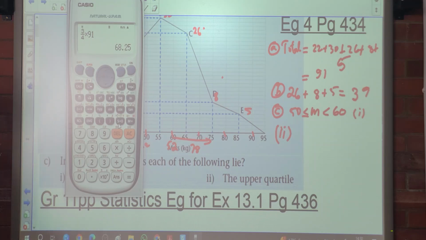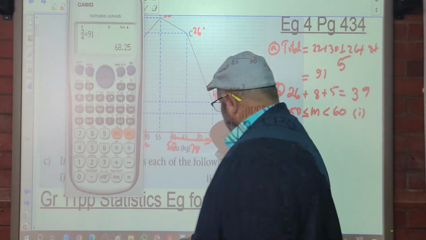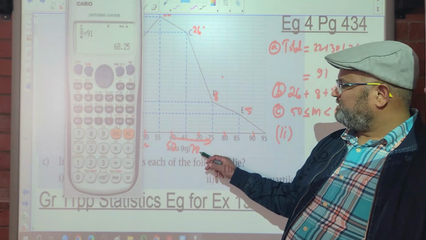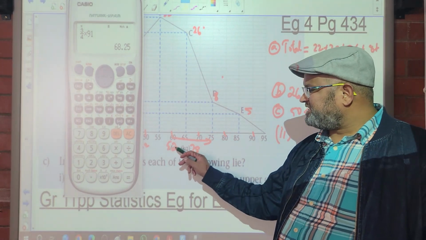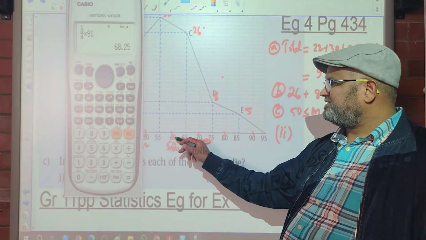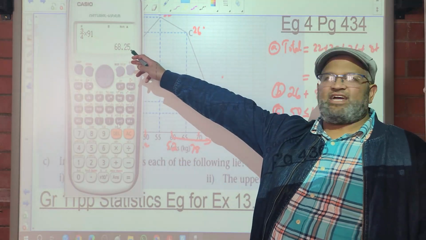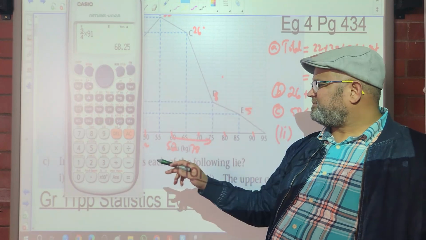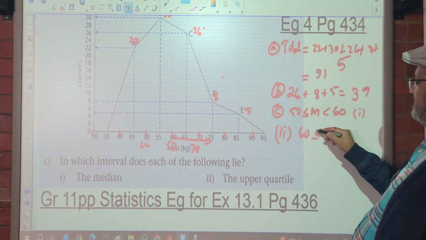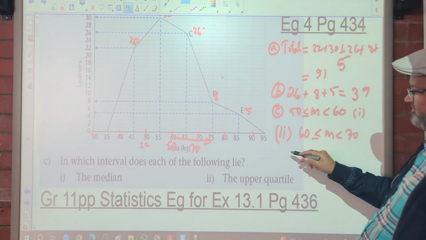At the end of this category I had considered 78 people, which means the 53rd till the 78th person lies in category 60 to 70, which includes number 68. Can you see that, people? So the mass has to be greater than or equal to 60 but less than 70.